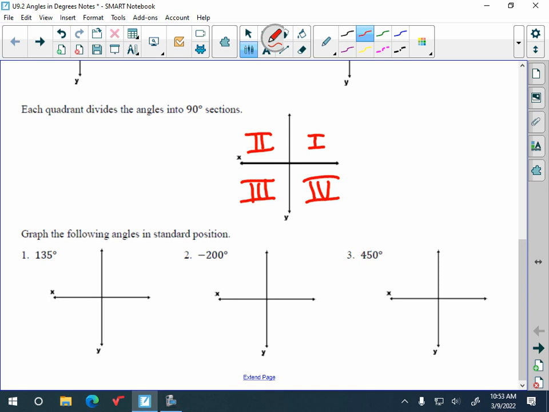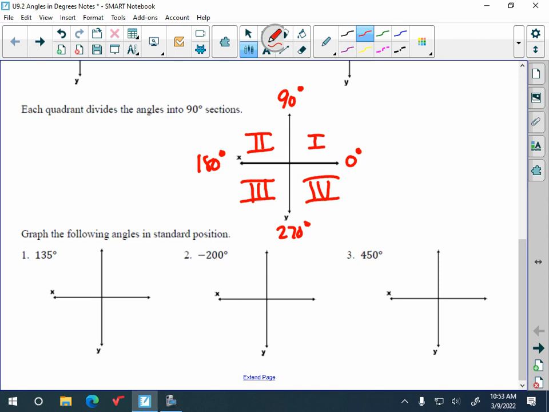Now, we also want to know some reference angles to help us sketch these angles out. 0 degrees is right there. When the two rays fall directly on top of each other, it's a 0 degree angle. That's how you'd sketch it. 90 degrees would be up here, 180 degrees is directly across from 0 degrees, and then 270.